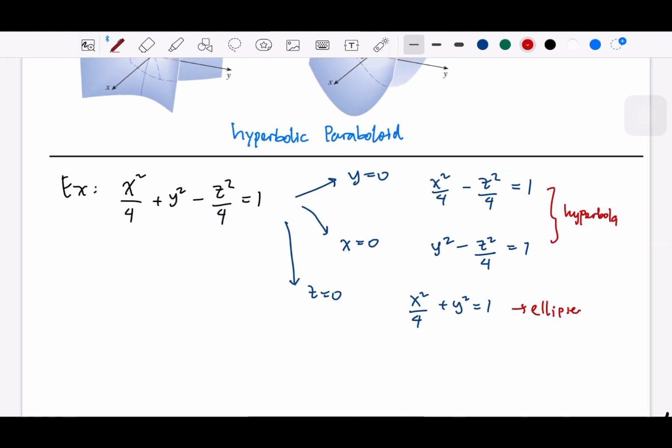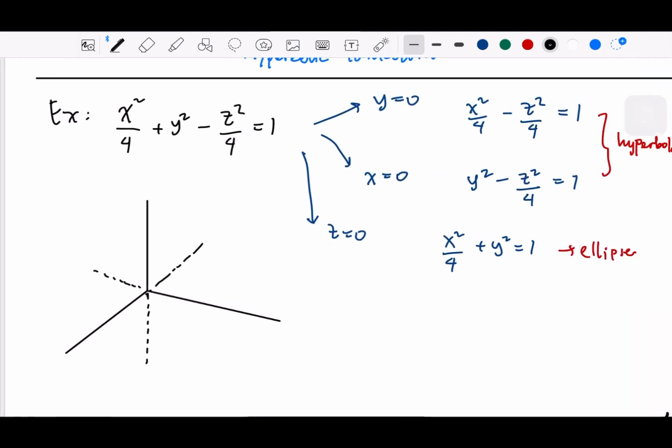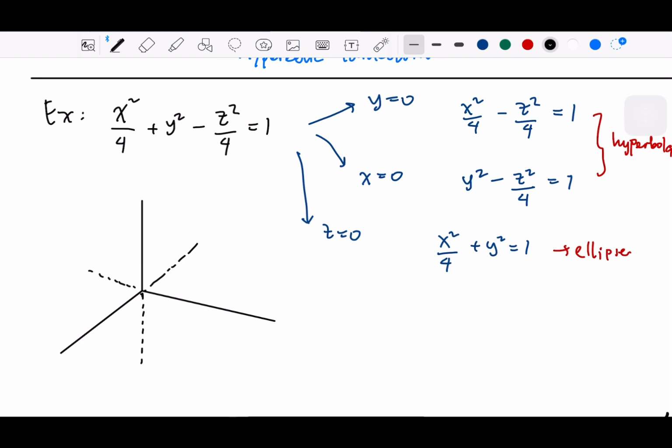So if we take times and draw the possible outcome, so we have the xy here.